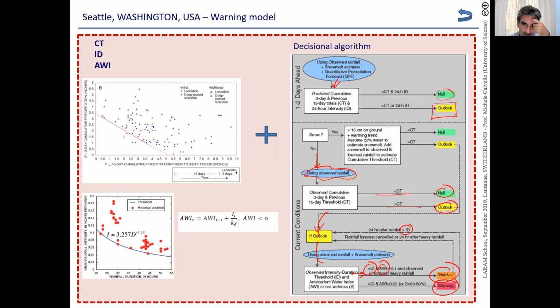These 4 levels are also called with some names: null, outlook, watch, warning. So you can see names and also words are used differently in different places. Here, warning means alert, maximum alert. Watch means beware because something may happen. Outlook also beware, but at a lower level.